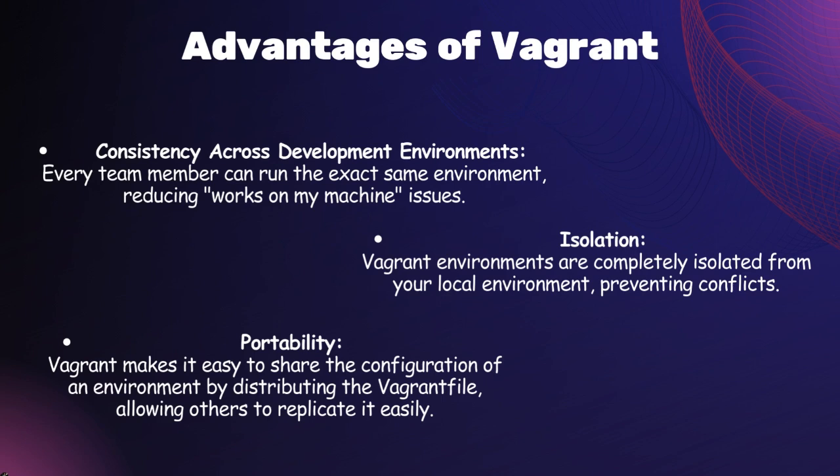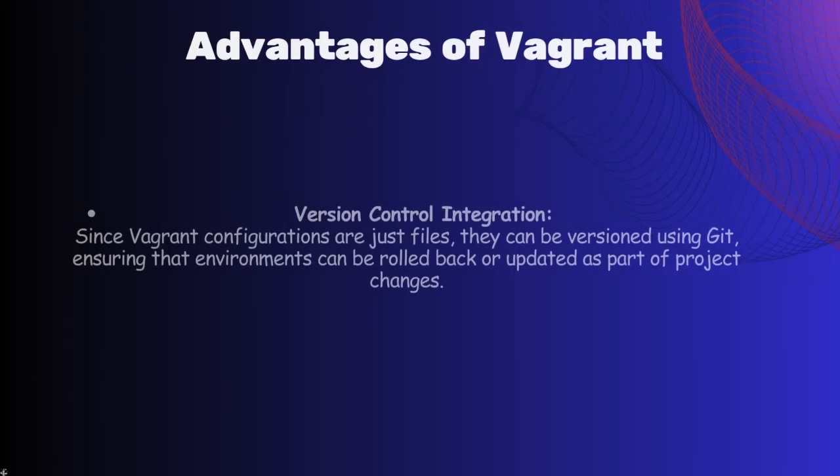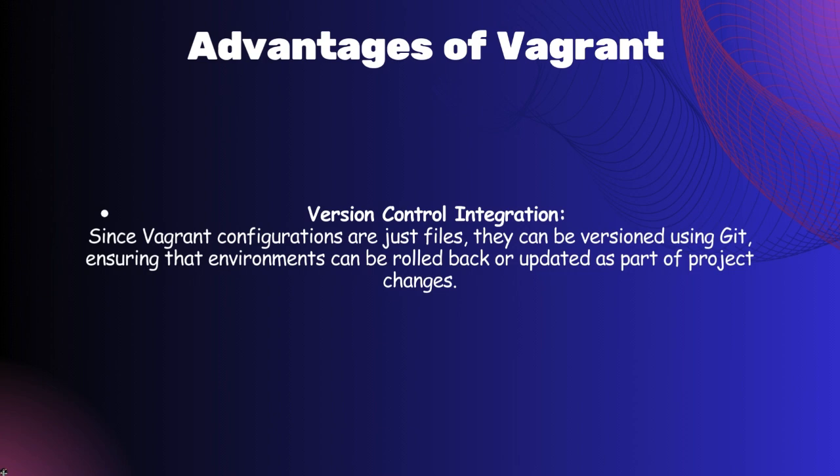Portability: Vagrant makes it easy to share the configuration of an environment by distributing the Vagrantfile, allowing others to replicate it easily. And for version control integration, since Vagrant configurations are just files, they can be versioned using Git, ensuring that they can be rolled back or updated as part of project changes.